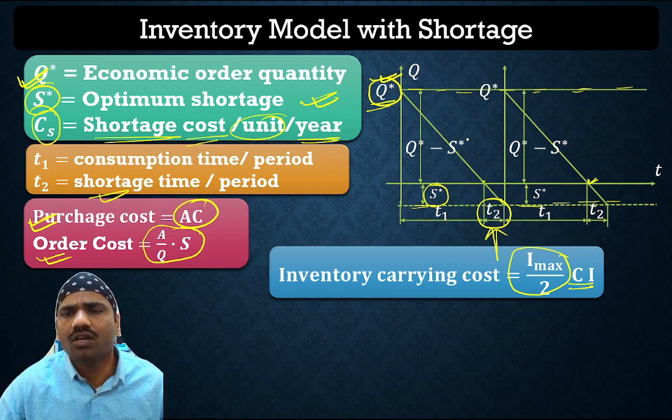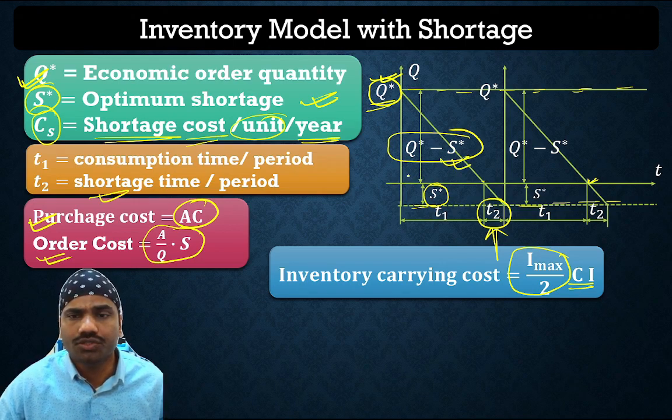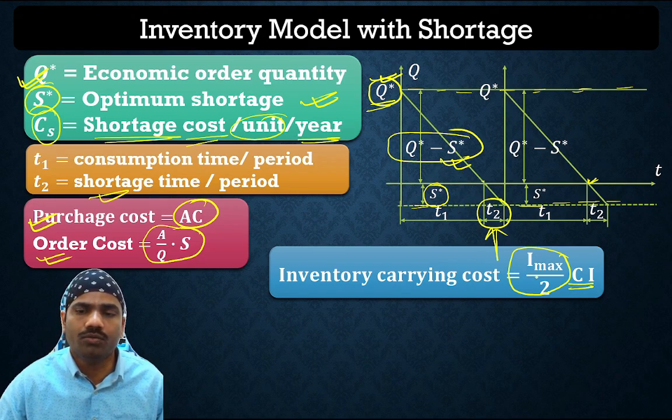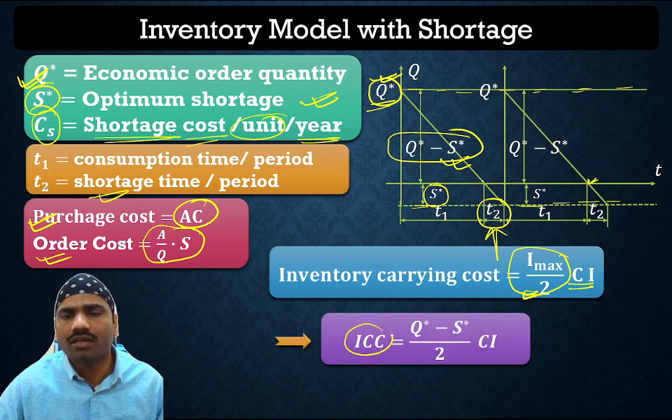So what is the maximum inventory? Q star minus S star, and the minimum inventory is 0, so finally Q star minus S star by 2 will be the average inventory. So the inventory carrying cost is Q star minus S star by 2 into CI.